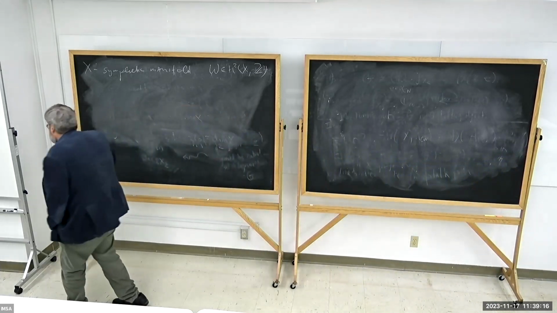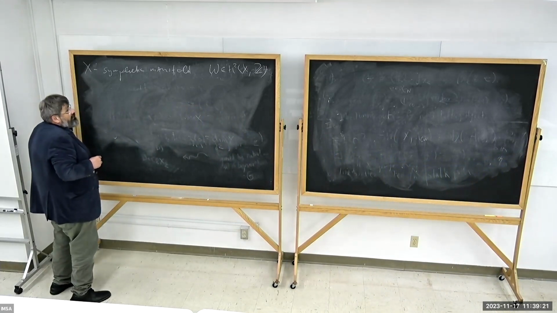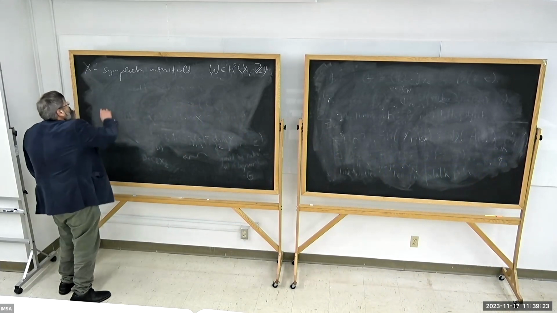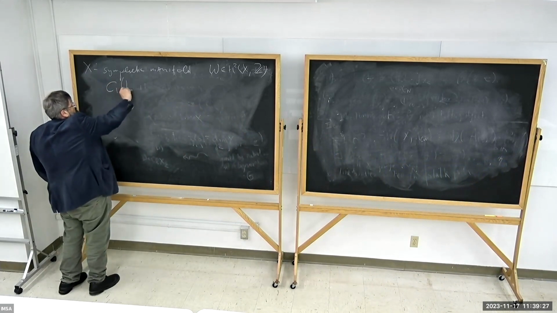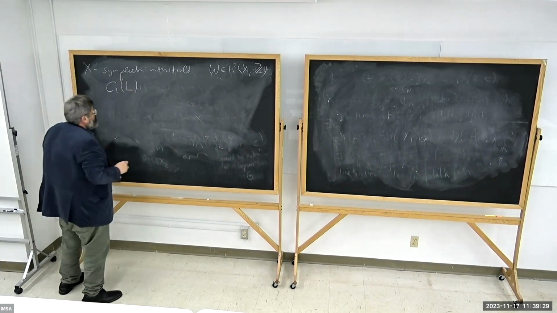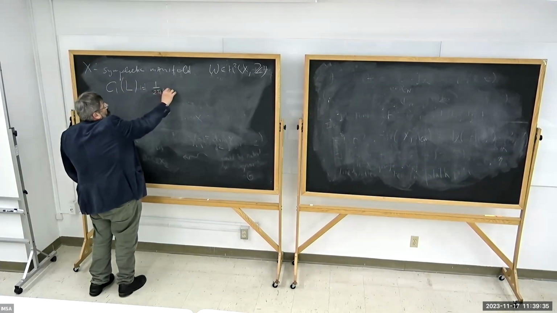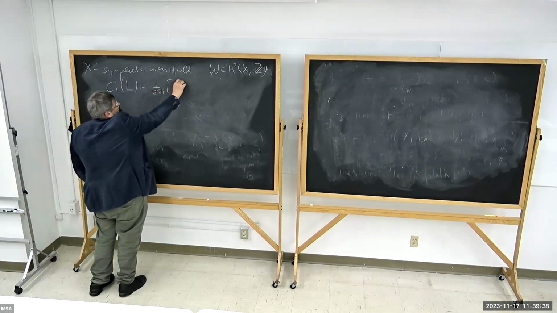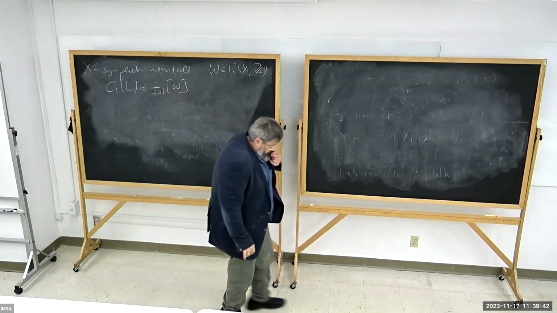So, in particular, we can consider some version of sections of line bundles. So we take a line bundle L, and the first Chern class of it is equal to this.